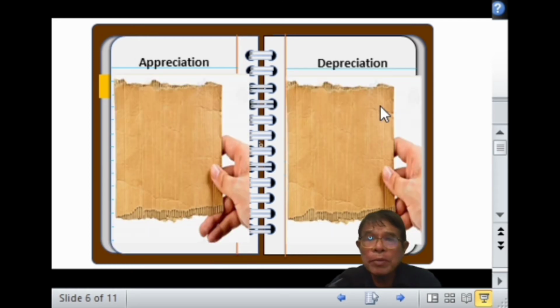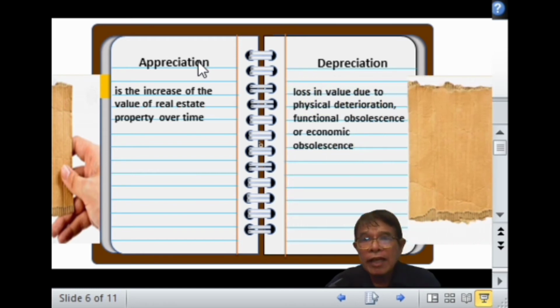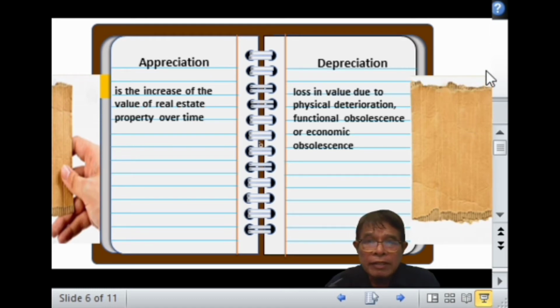Next is appreciation versus depreciation. Appreciation is the increase of the value of the real estate property over time, while depreciation is the opposite. It is the loss in value due to physical deterioration and functional obsolescence or economic obsolescence.